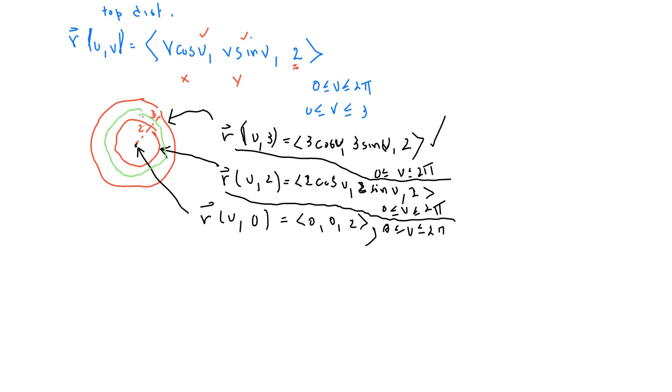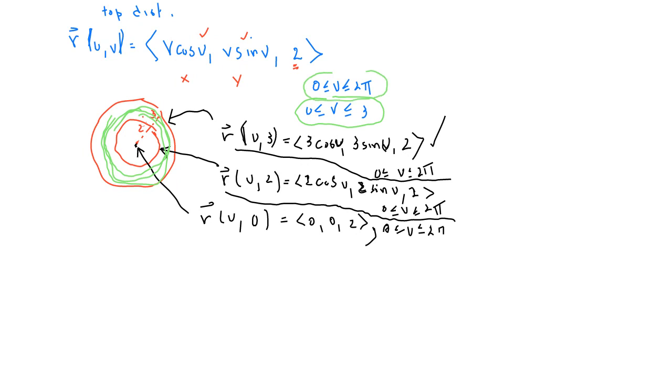To get the entire disk, I have to take a bunch of space curves and put them all together to fill out the entire disk. Well, the space curves have different radii. The radii is determined by v. So that's why we have to let v be between 0 and 3. And of course, u is between 0 and 2 pi.